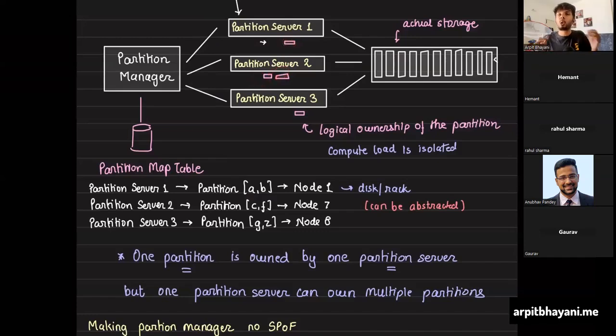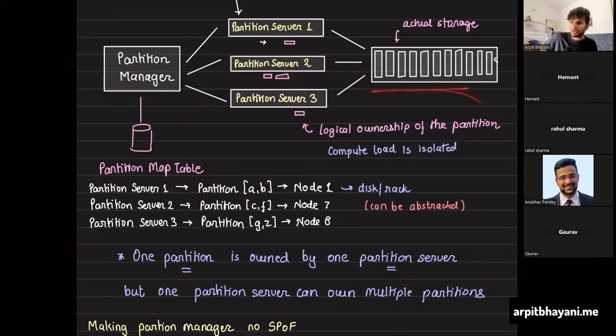This is just logical ownership of a partition by a partition server. So one partition is handled by one partition server, but one partition server can handle or own multiple partitions. One partition is with only one partition server.